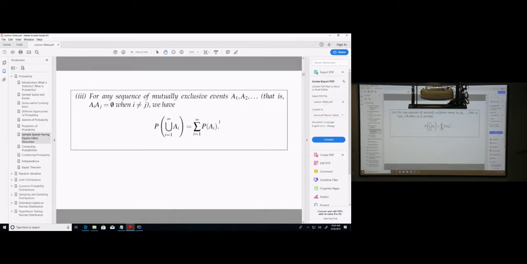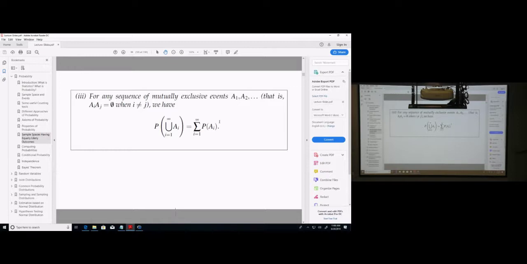If you draw a Venn diagram, all the A1, A2, and so on are different circles. And the probability of the union of all these events is the sum of the probabilities of the individual events.